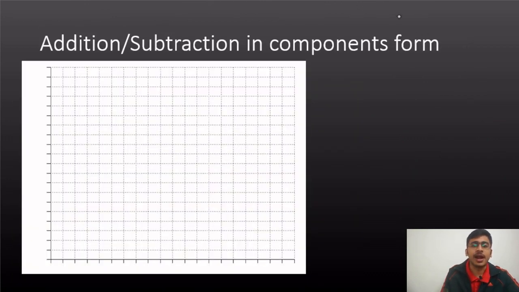Let's understand addition, subtraction in component form first. So let me have two vectors. Let this be our origin point O. Let's say we have a point A over here. So this point A, how can I go from O to point A?